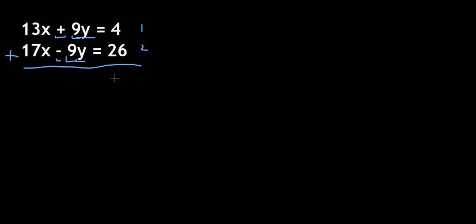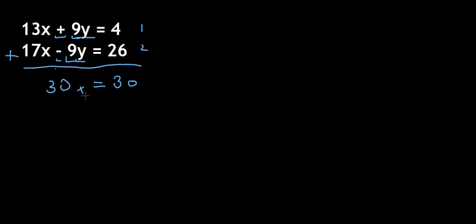26 plus 4 equals 30, and then 9y plus minus 9y equals 0, and then we don't need to write the 0, and 17x plus 13x equals 30x.